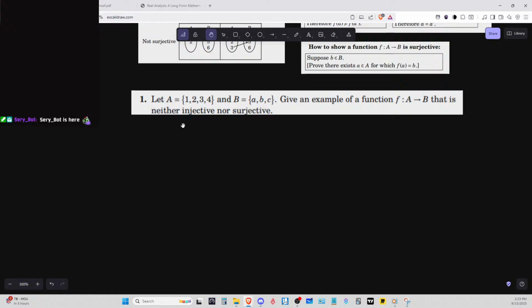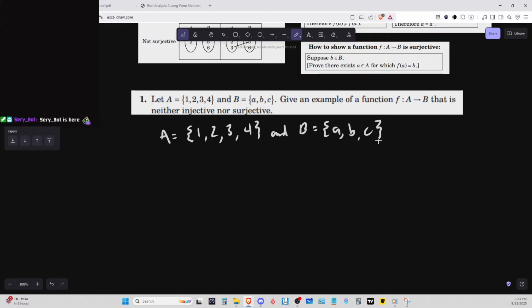So how do we commence to do that? It has to be a function, but it can't be injective or surjective.